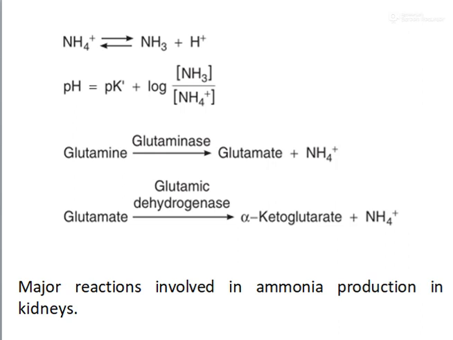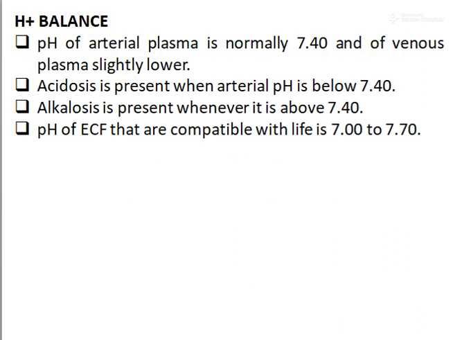And glutamate dehydrogenase catalyzes the conversion of glutamate to alpha ketoglutarate, and it forms more NH4+, and this is the major reaction that produces NH4+ in the renal tubular cell. H+ balance.